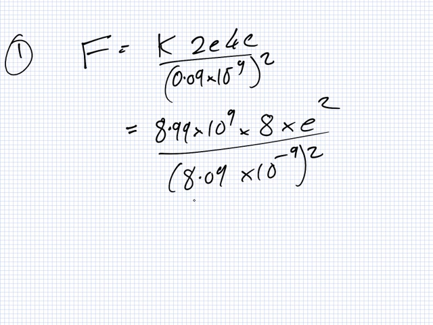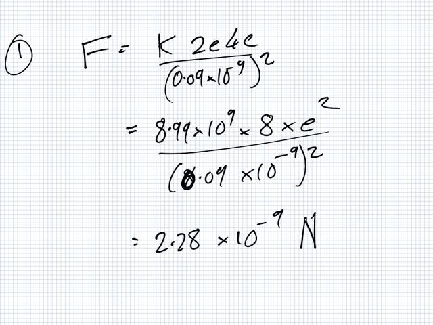Sorry, 0.09, thank you. 2.28 times 10 to the negative 9. Are you sure? Say again? 2.28 to the negative 9. Now, it's not that I don't trust you, but I don't trust you.